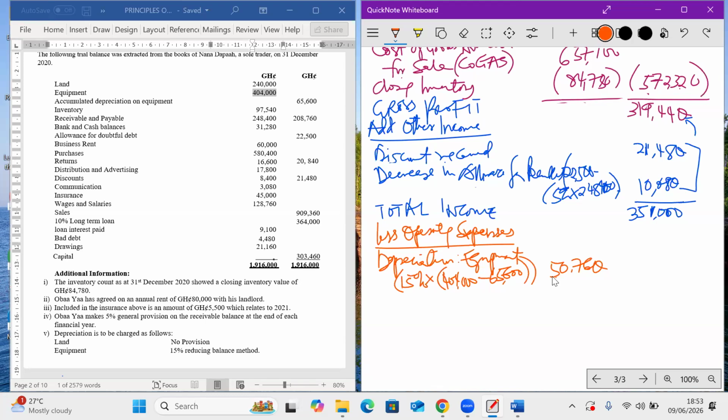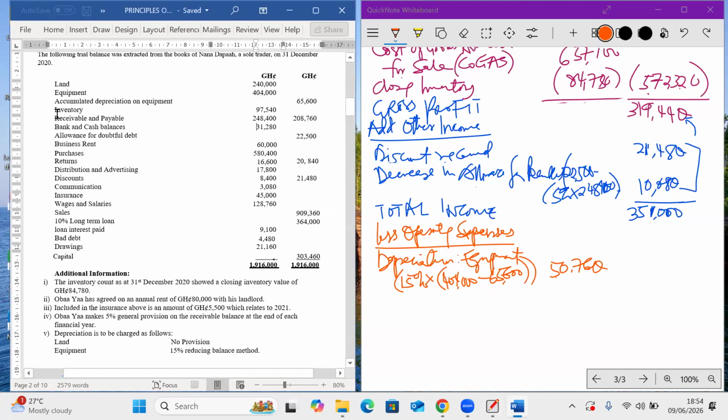Then in the third year, they will charge depreciation for that year and add it to the two years' depreciation. So we say the depreciation has been accumulated. Accumulated depreciation. Do we get it? Yes, sir. Am I over explaining?